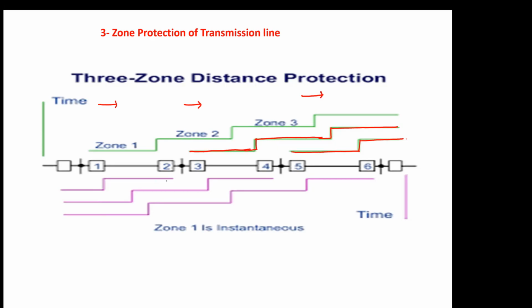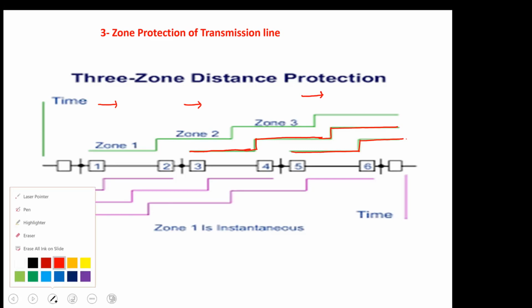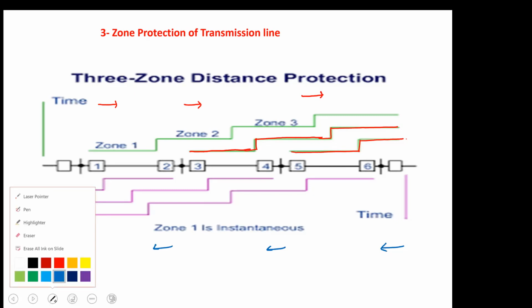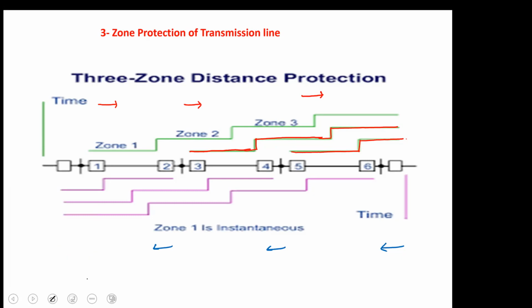Now if you see, what is the normal direction of protection of relay 2? Relay 2, relay 4 and relay 6 are providing protection in this direction. Okay, so the zones for relay 2 start from this point. For relay 4, I'll use a different color.